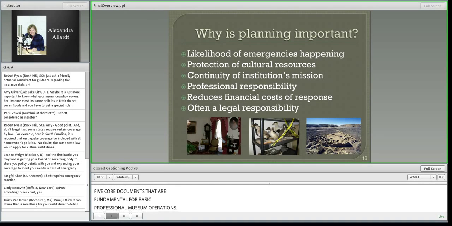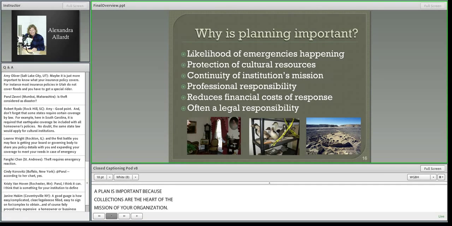A plan is important because collections are the heart of the mission of your organization. They are the reason your organizations exist. How would you tell your stories if your collections were ruined by a disaster? So protect your job.